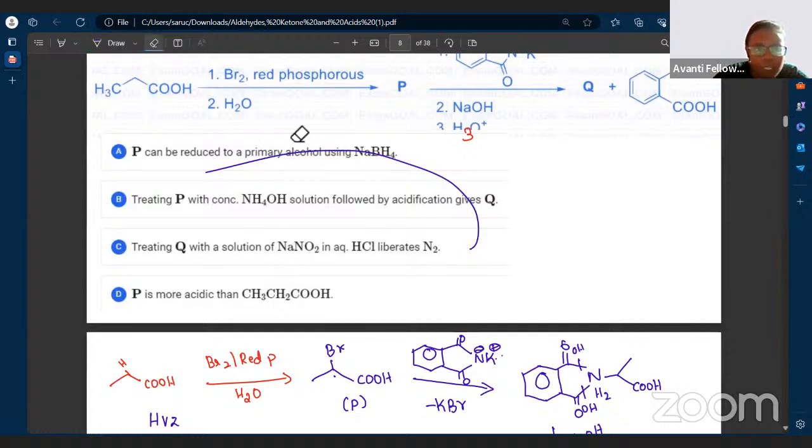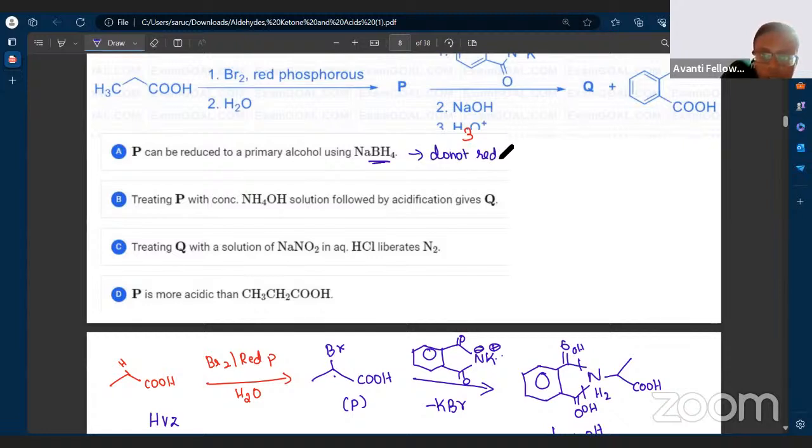Will sodium borohydride reduce acid? No. It does not reduce acid.